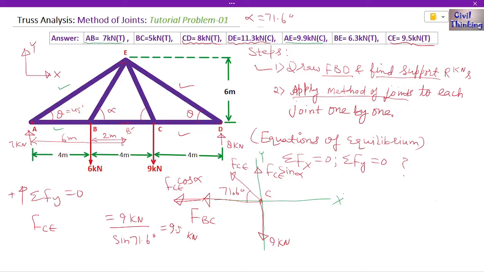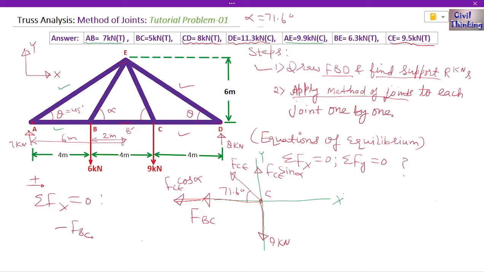So let's apply the equation summation of Fx. First let me erase this. Summation of forces in the x direction is 0, assuming forces towards the right are positive. Now let us sum up the forces along the x-axis. FBC is on the x-axis, but it is towards the left, so this is negative FBC. Similarly, FCE cosine of alpha is towards the left, so this is also negative.